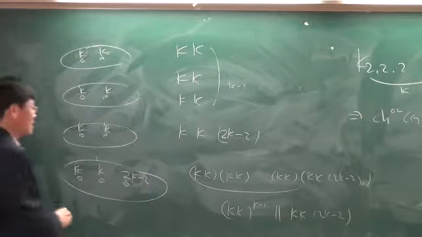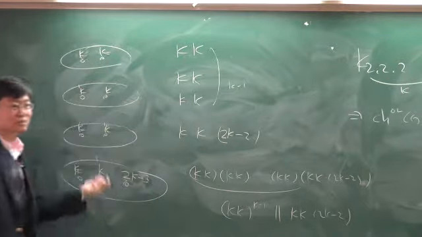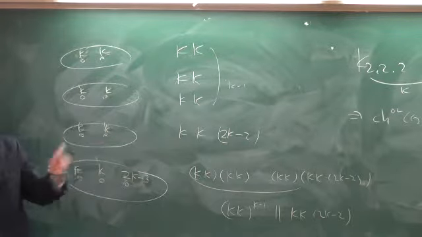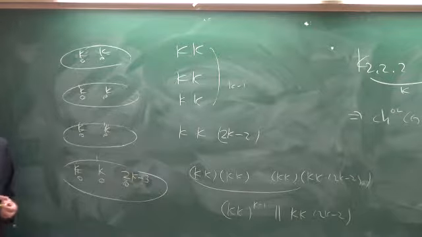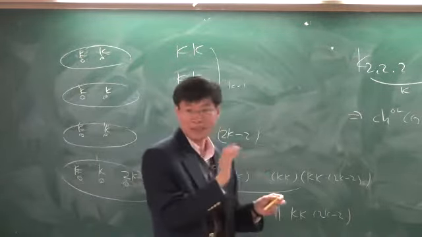But if the last vertex has a smaller number of chances, smaller than 2k minus 2, then Alice has a strategy so that Bob cannot finish the coloring.